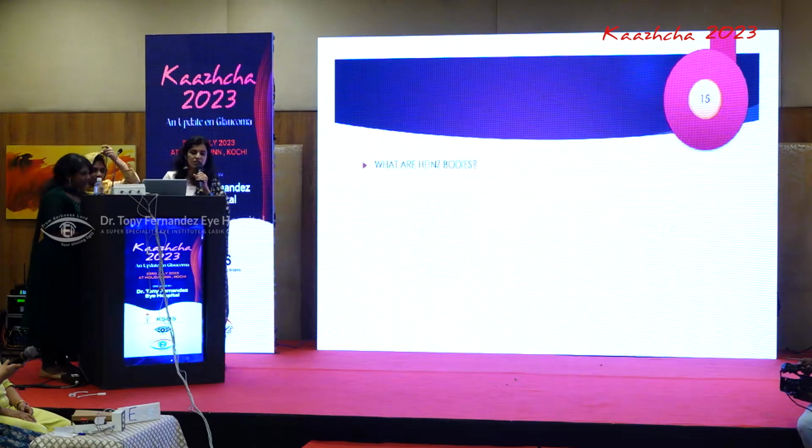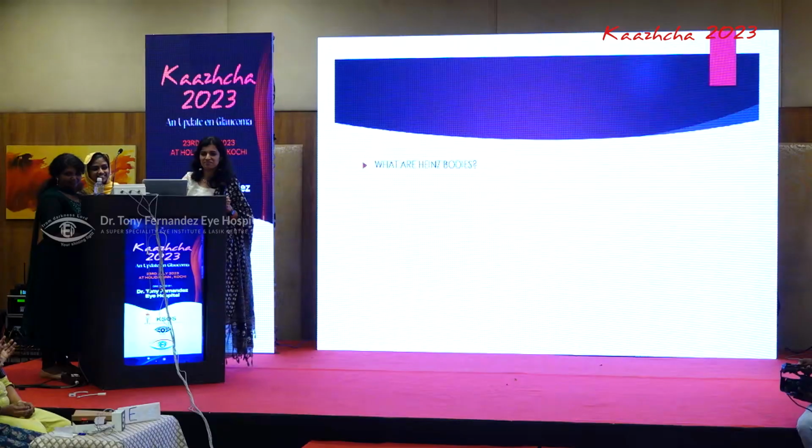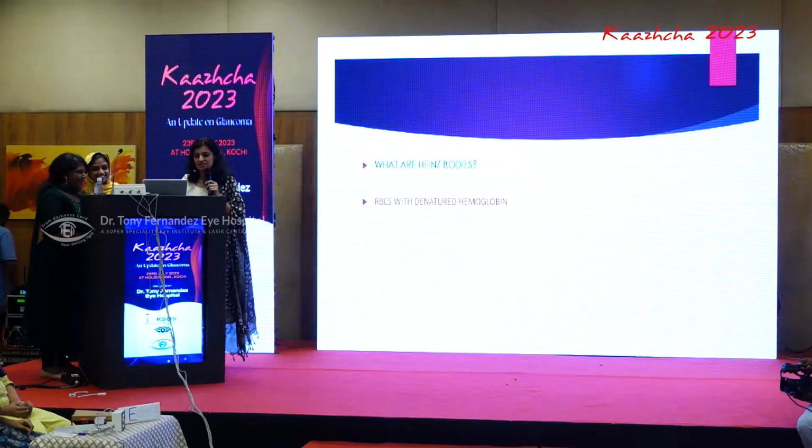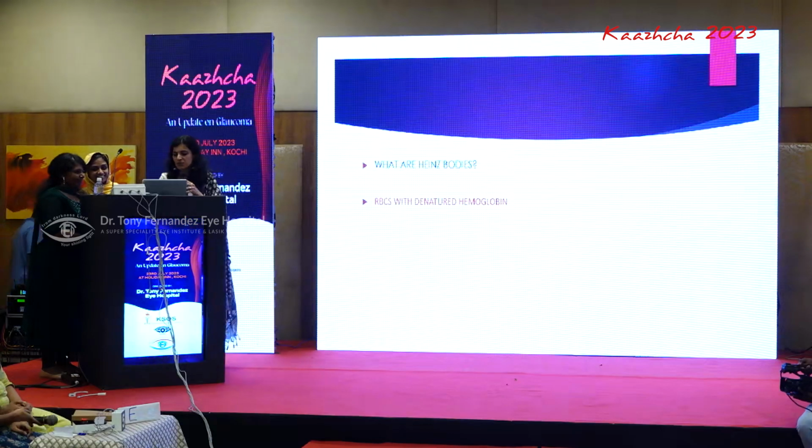What are Heinz bodies? RBC nodules in the pigmented, which are clumped in the RBC. These are RBCs with denatured hemoglobin.